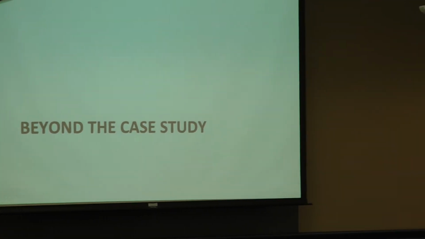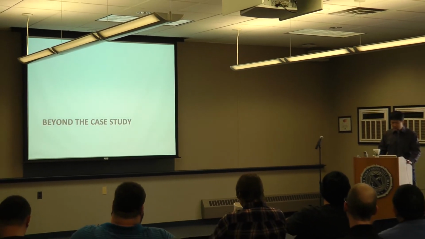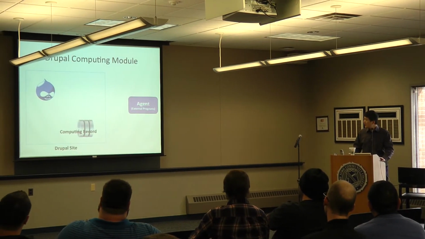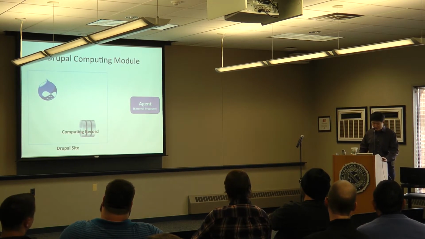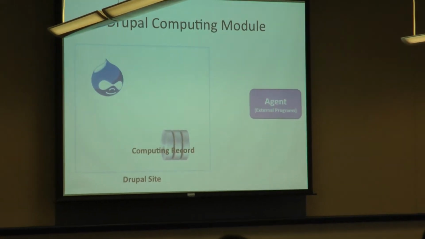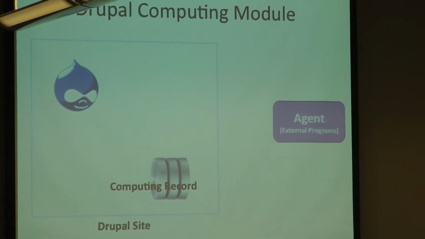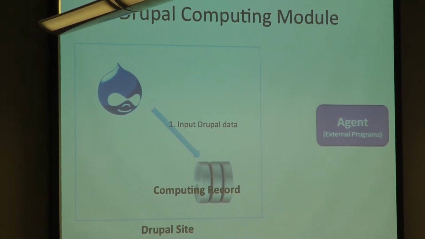Finally, I will summarize the talk by listing the modules I used in the case study. One is the Drupal computing module. It's particularly designed to facilitate distributed computing between Drupal and your external programs, called engines. The way it works is what I already showed you before.